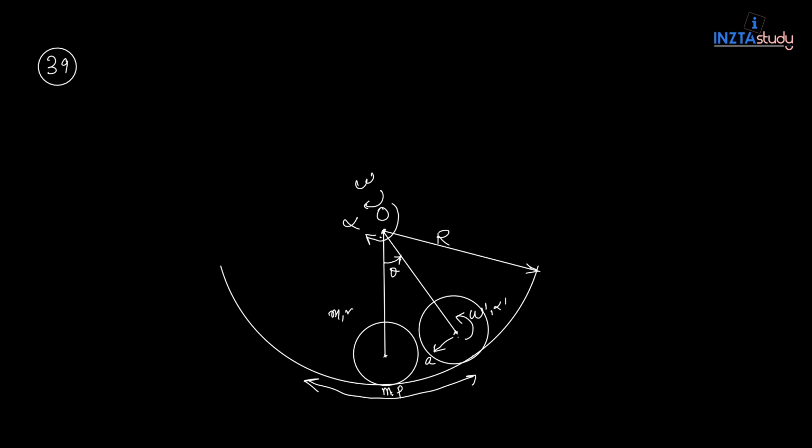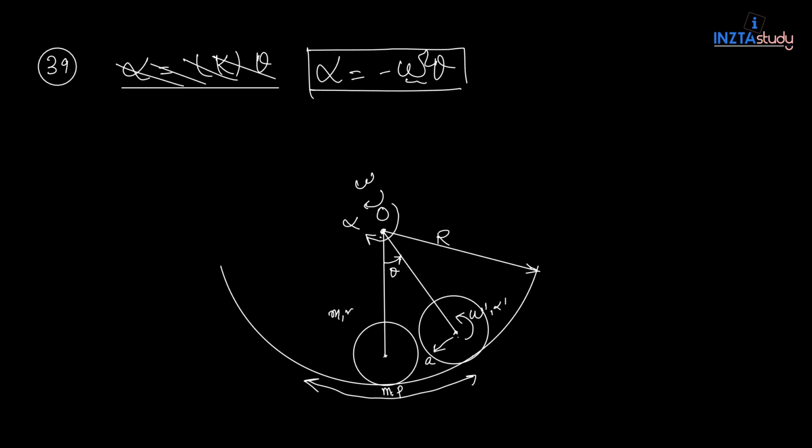We will write the net alpha as some constant multiplied by theta. Then we'll write alpha as minus omega square theta, and once we get omega, we can get the time period of this small oscillation.